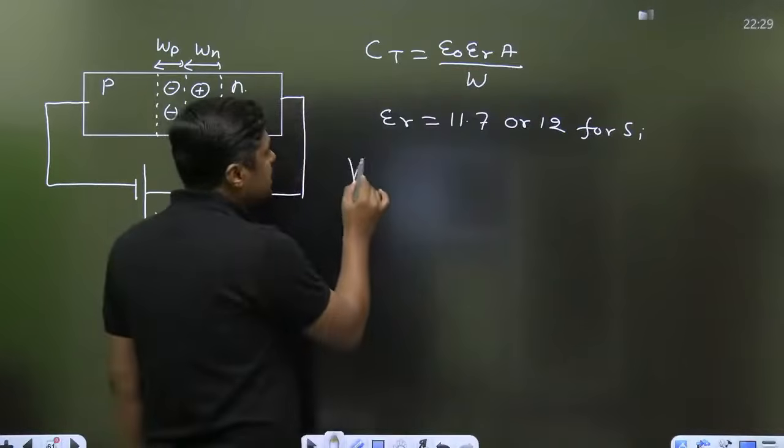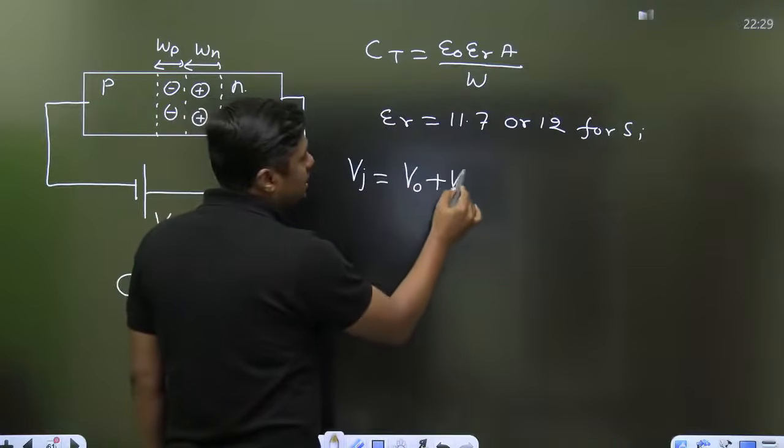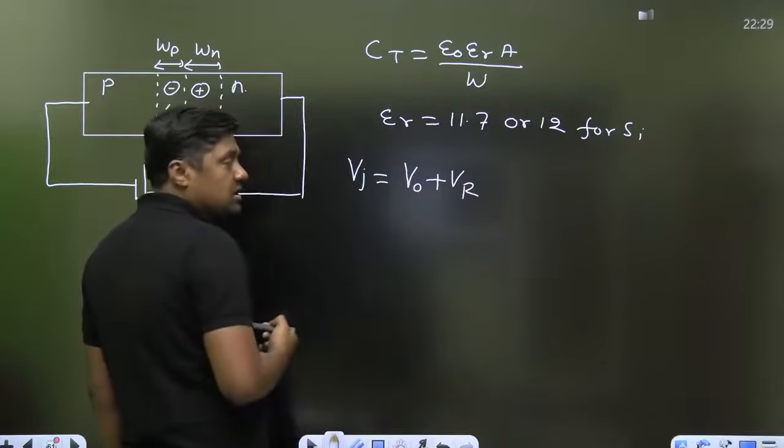Then second, Vj, the junction potential, is given by V0 plus Vr. V0 is the built-in potential, and Vr is the applied voltage in the reverse direction.